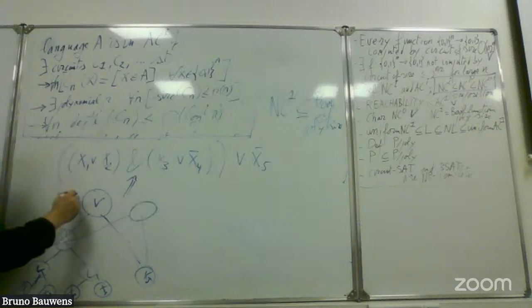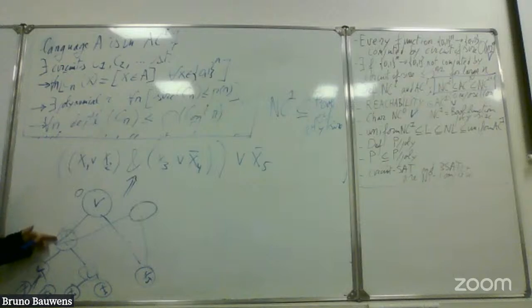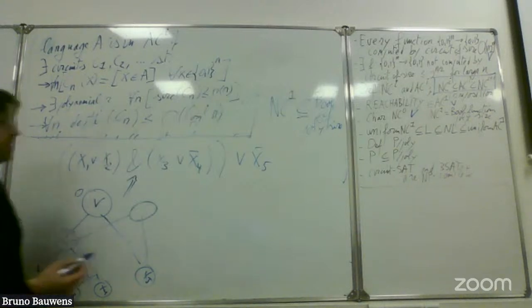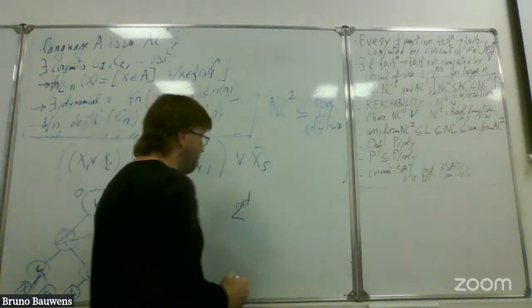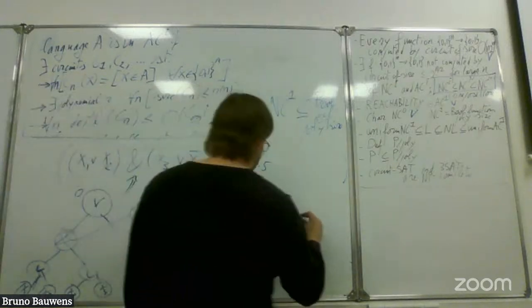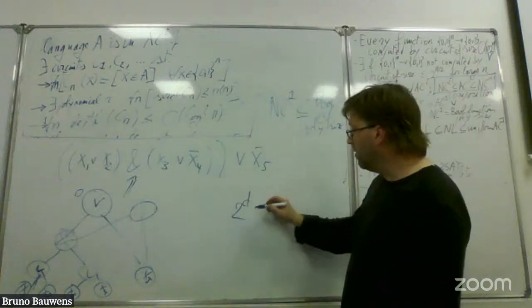So this is depth 0. Then let's go to a node at depth d. How many times can it be copied? It can be used at most 2 to the power d times. So at depth d, we copy it 2 to the power d times, and d is order log n.